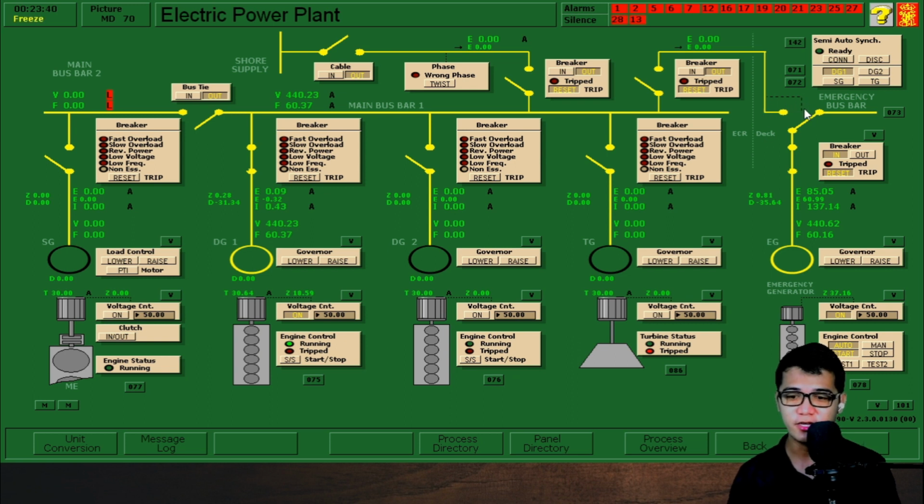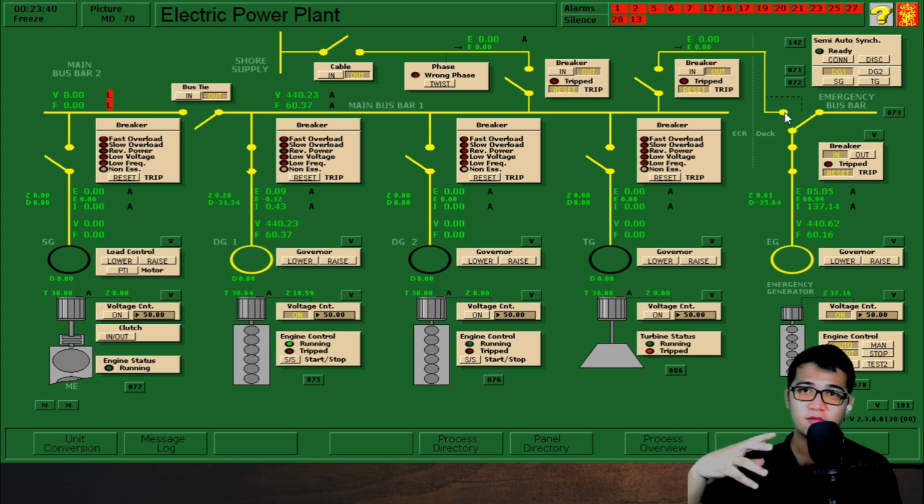Now these lines over here indicate that when our emergency switchboard, okay, is connected to our diesel generator 1 or our generators here, automatically the connection between our emergency bus bar to our emergency generator will be cut off and will be transferred to this line over here, such that yung load ng emergency generator or yung load na dumadaan sa ating emergency bus bar will be passed on to our diesel generator 1.